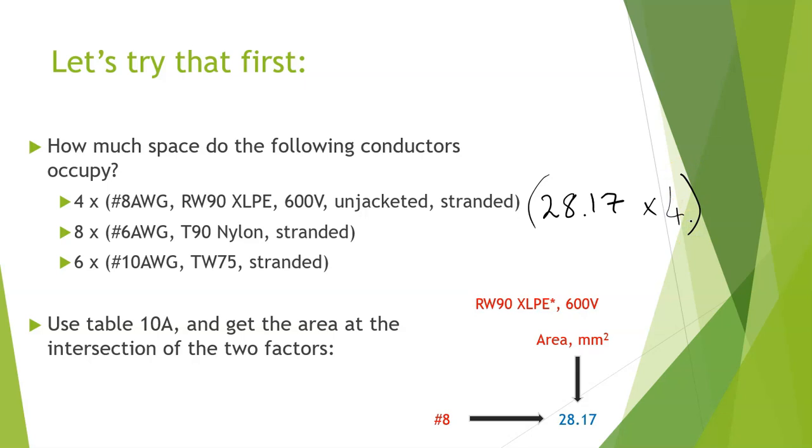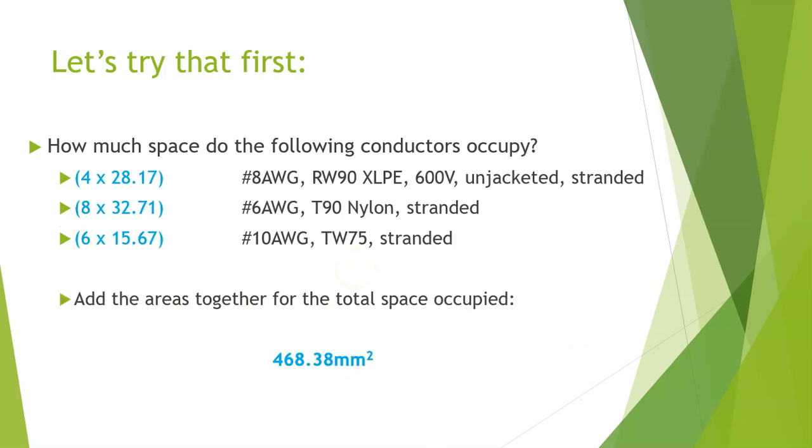You do the same exact thing for each of your other types of conductor that you're looking at pulling into the raceway, and what you end up with is a scenario whereby you've identified the individual area of each of your different wire types. So here we have our XLPE R90 or RW90, then we've got our T90s and our TW75s.